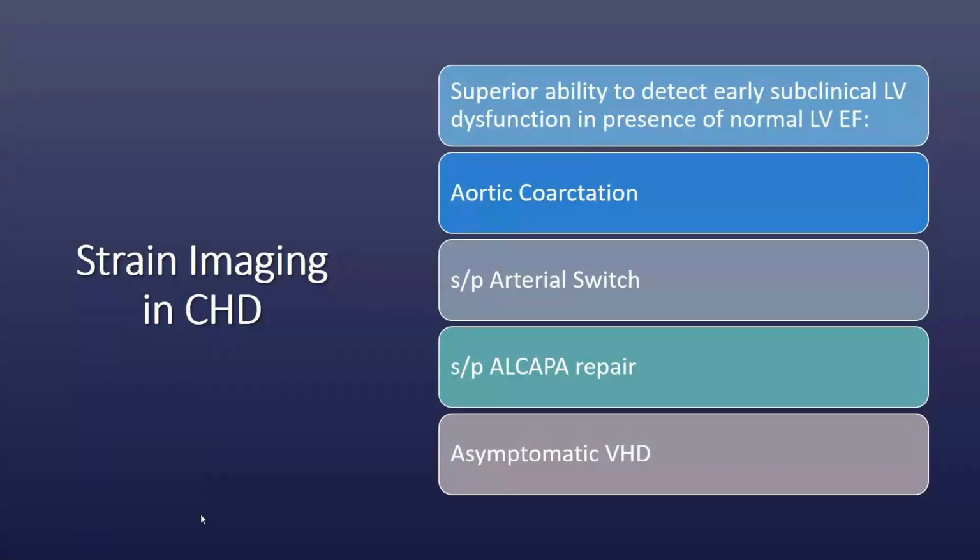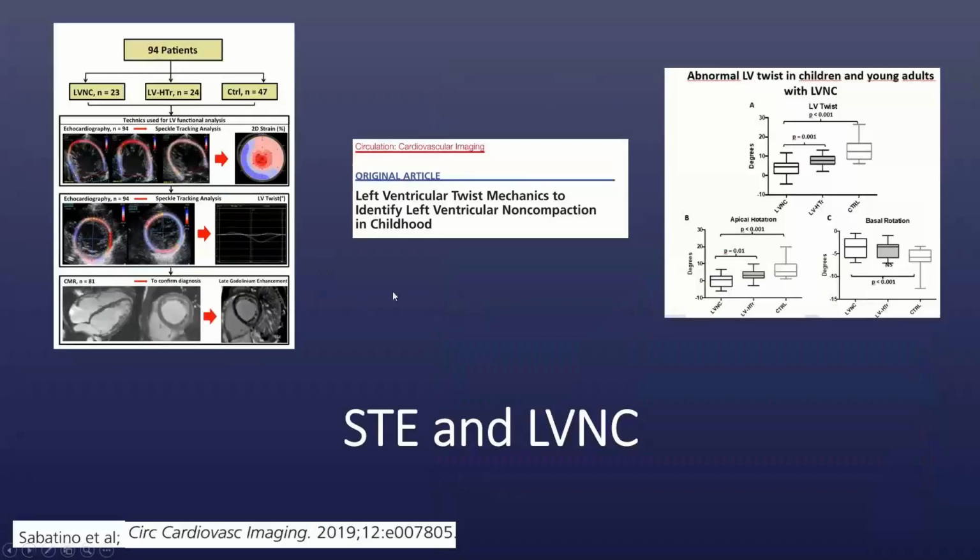This has been demonstrated in patients after a successful repair of aortic coarctation or after a successful repair for DTGA with arterial switch, or in Al-Kappa patients after repair, or in asymptomatic patients with valvular heart disease. And also, strain imaging, particularly global longitudinal strain, demonstrated a good predictive value in terms of outcome. But this is for global longitudinal strain.